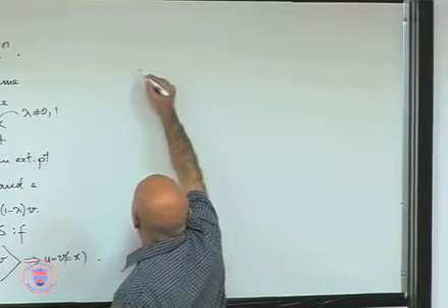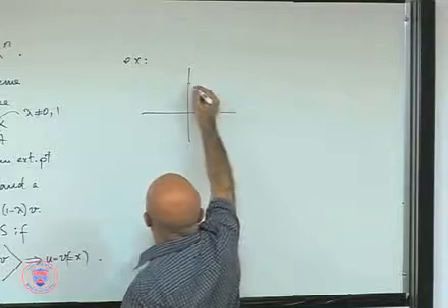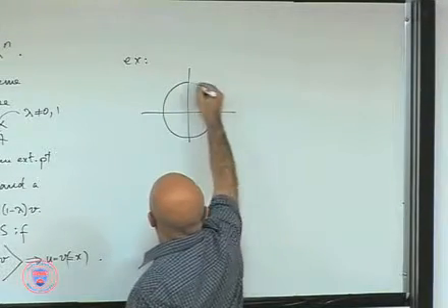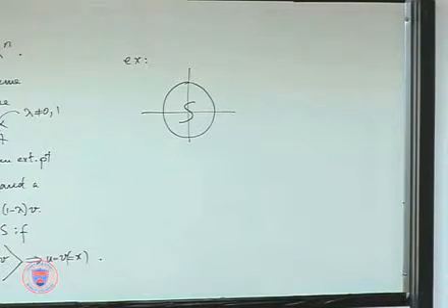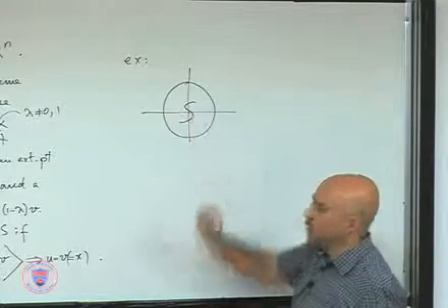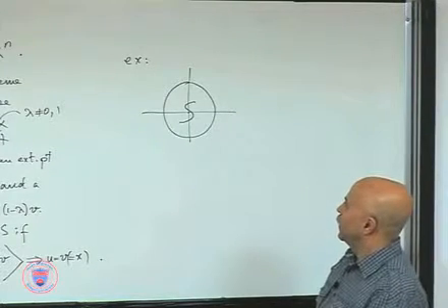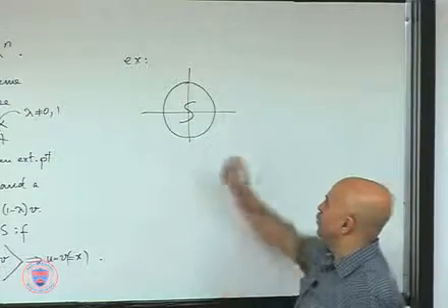For example, if the set under consideration is this set, suppose that's your S, it's the unit disk situated at the origin, with center at the origin. Now this set has infinitely many extreme points.